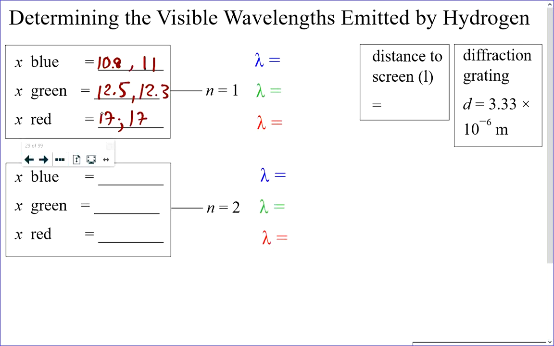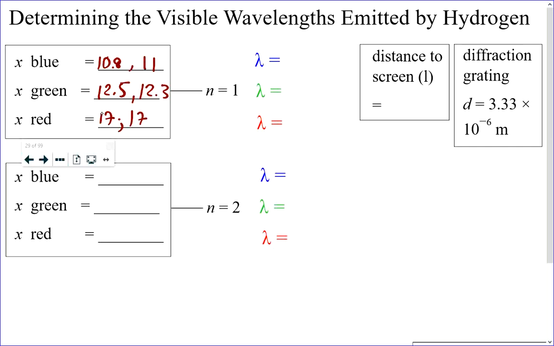By the way, this is 300 lines per millimeter, and this is the value of D, and you're going to be doing some calculations right now for me. And you've done this lab before. I looked at where Carly was holding the diffraction grating.